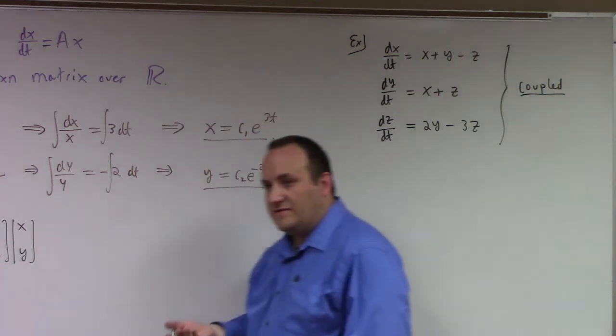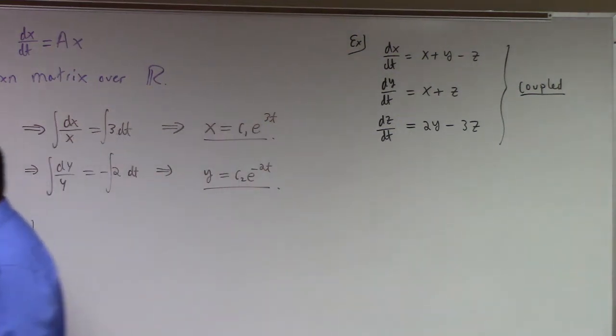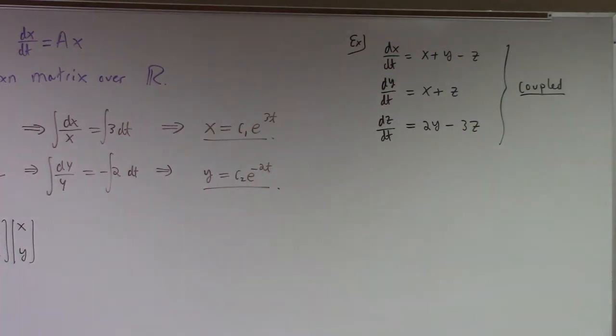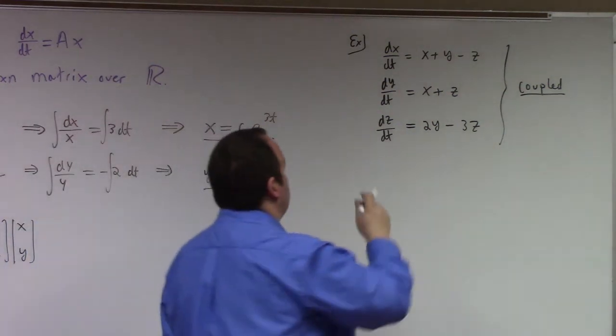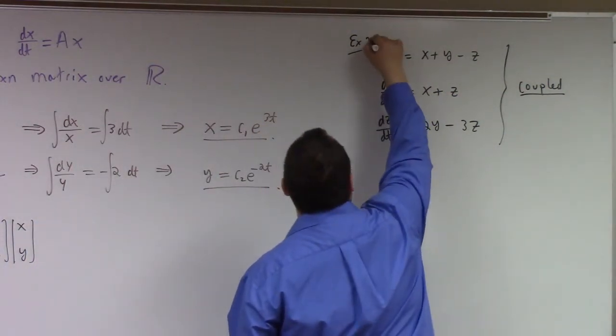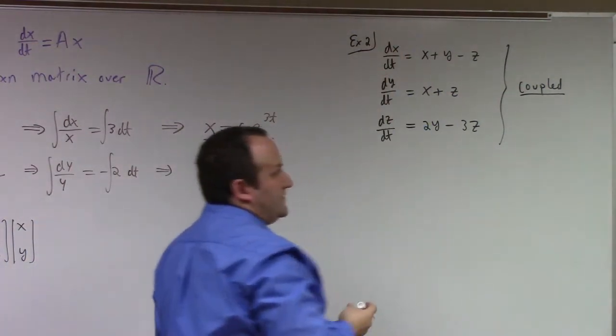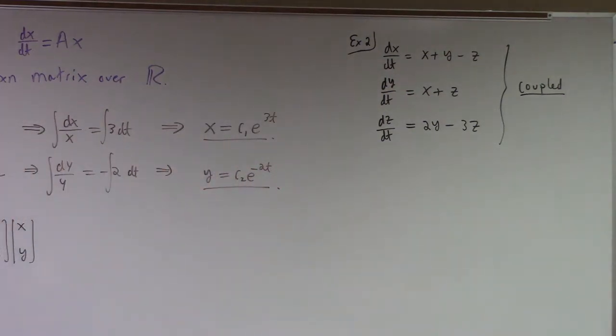In other words, the differential equation for x depends on the variables x, y, and z. The differential equation for y depends on the other variables. So the strategy I used in example 1 no longer works, does it? Example 2, we're stuck. We cannot just do calculus 2 piece by piece, right? So that's why the theory I'm about to share with you is so beautiful and kind of shocking.